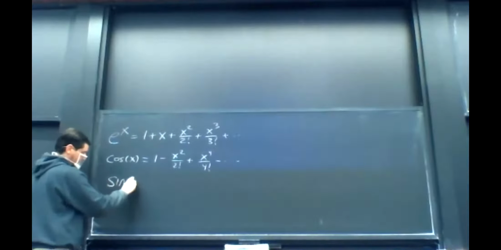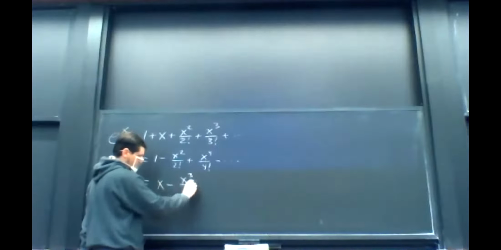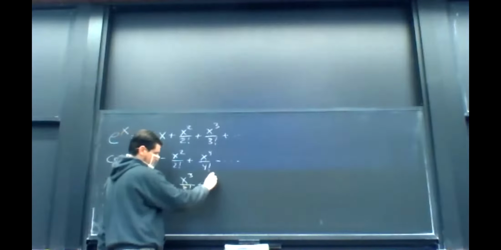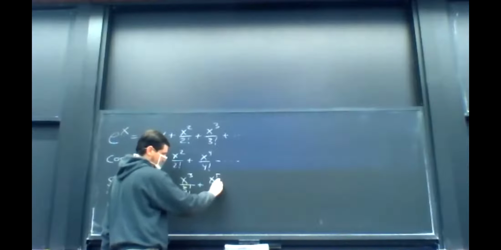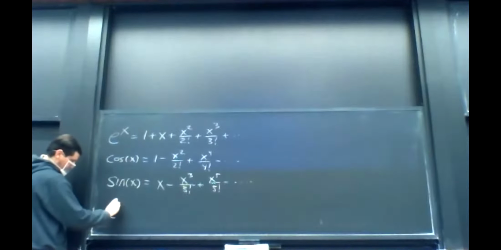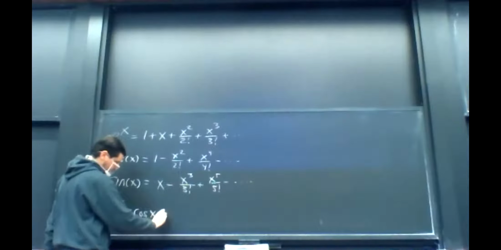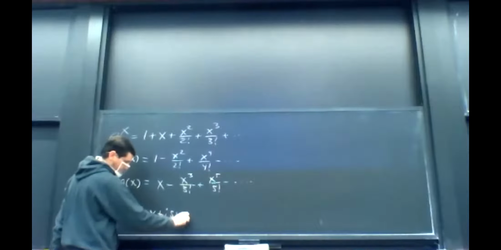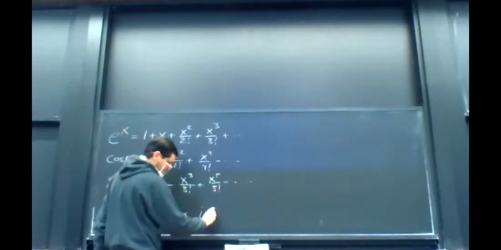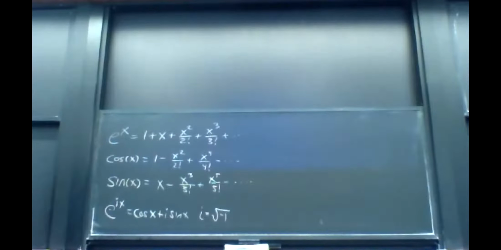And sine of x is x minus x cubed over 3 factorial plus x to the fifth over 5 factorial. And it turns out e to the i x is cosine x plus i sine of x, where i is the square root of negative 1. So these are very famous series.